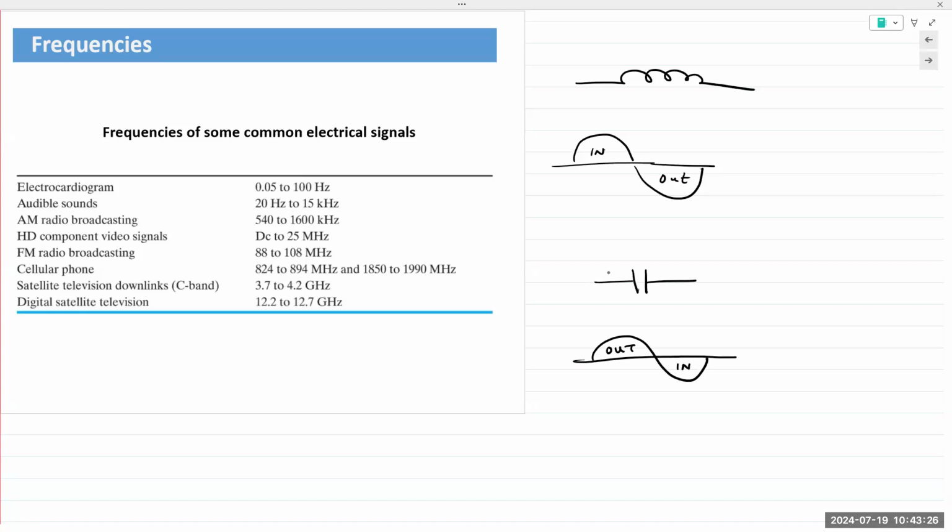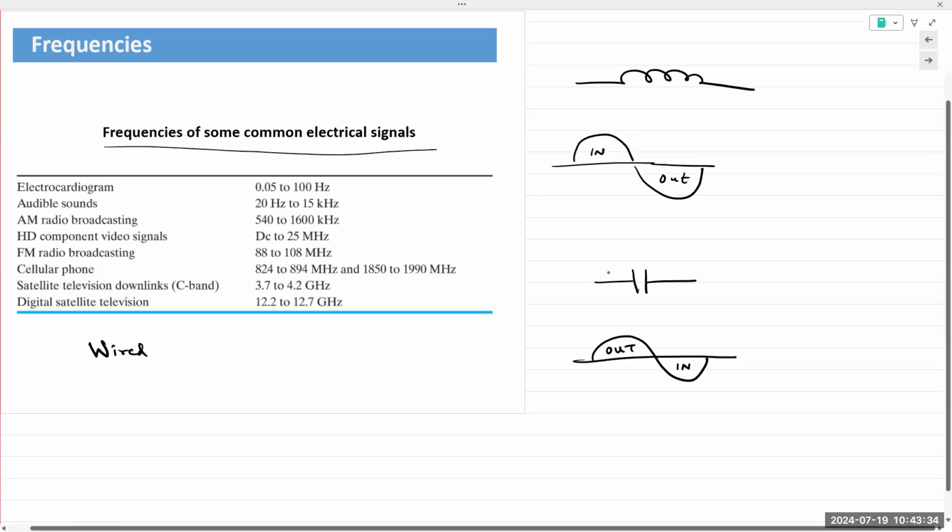Now, this table lists the frequencies of some of the most common electrical signals. Whether it is a wired circuit or a wireless circuit, electrical signals are present all around us.